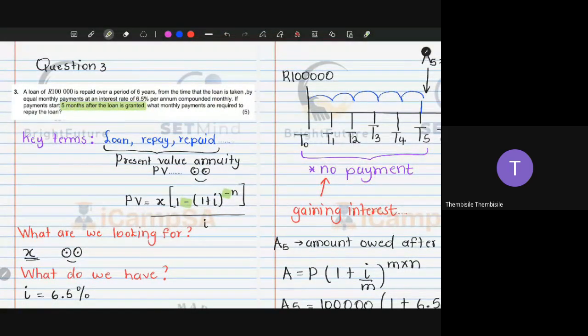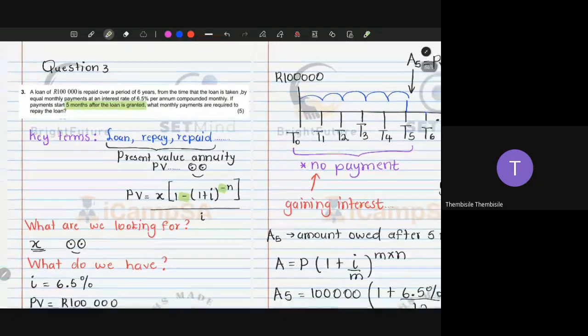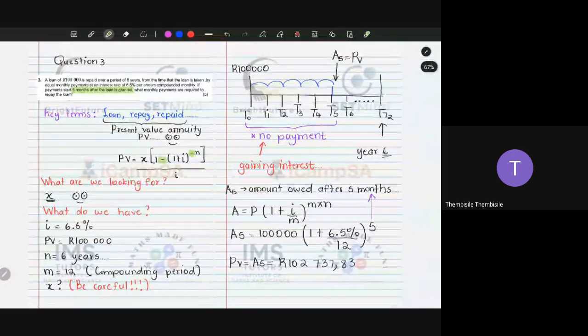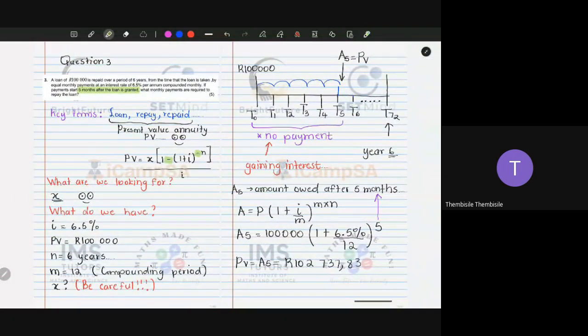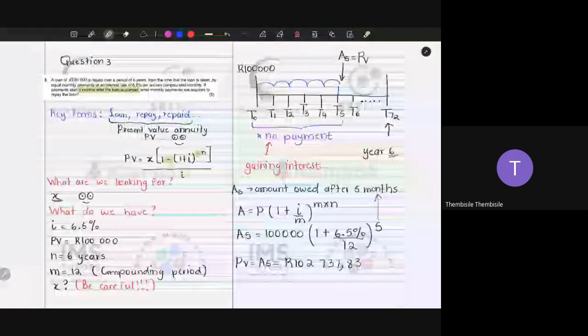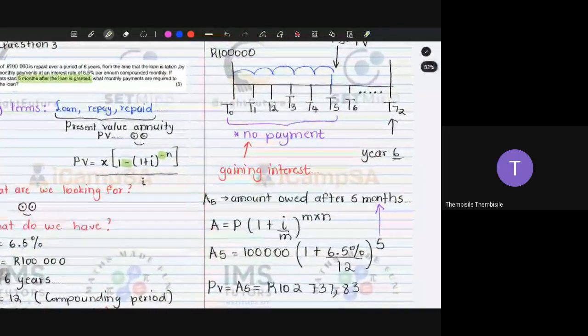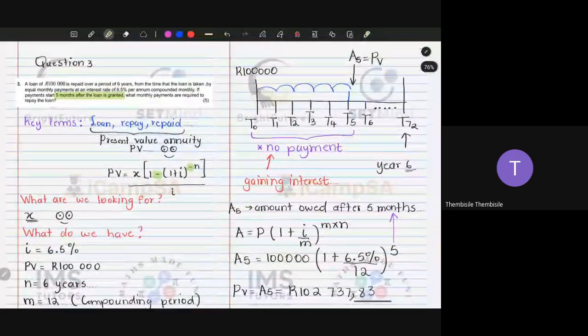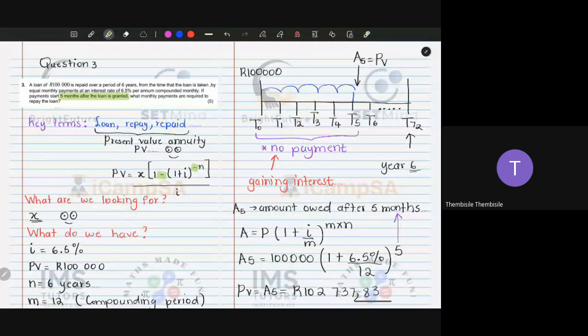Does that make sense? If they lend you 100,000 today and you delay paying, 6 months later you can't say I'm going to pay you 100,000. They will put an interest on it because you are inconveniencing them for not giving them their money. So that is why we said we have a timeline T1 up to T5. There are no payments made. And guess what? When there are no payments made, the amount we borrowed is gaining interest.